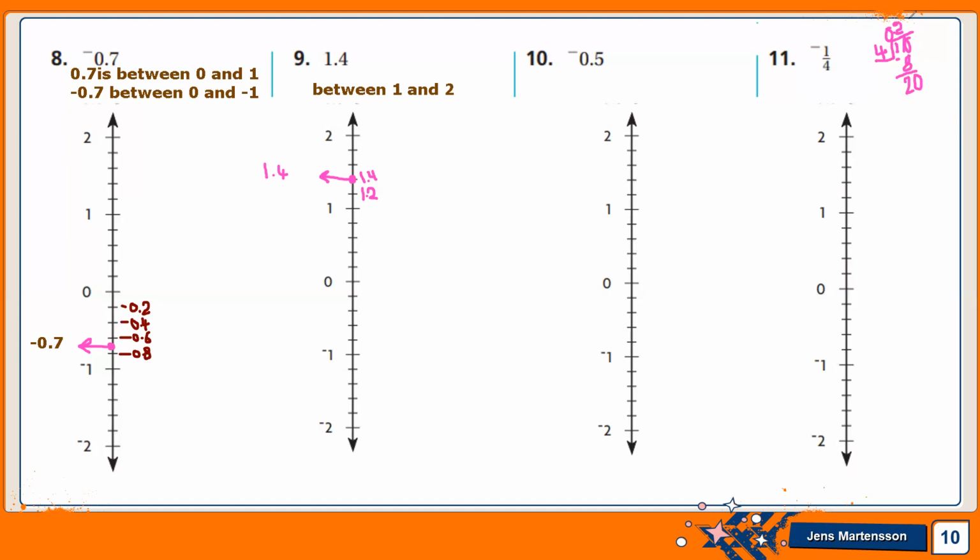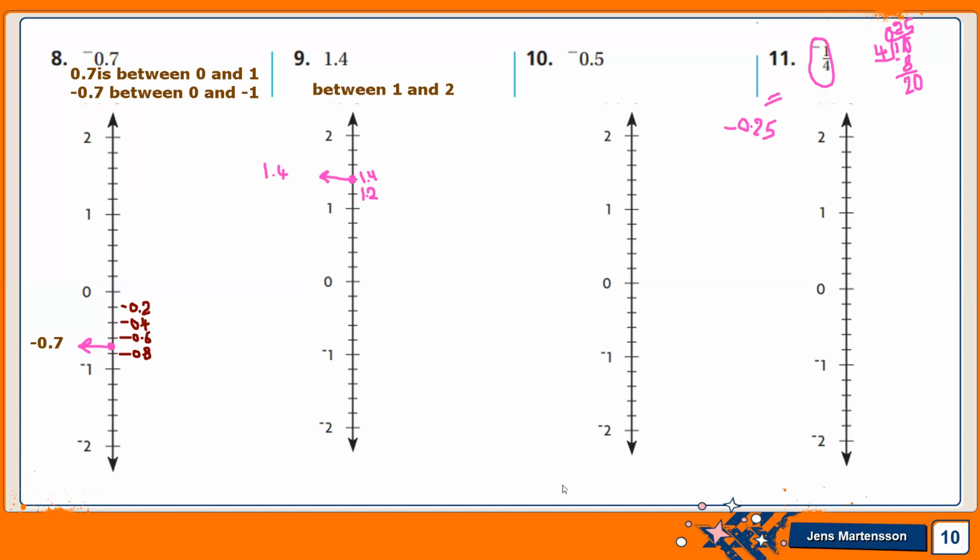Then 20 divided by 4. 20 divided by 4 is 5. So that means negative 1 over 4 is equivalent to negative 0.25. Yes, Marwa, negative 0.25.